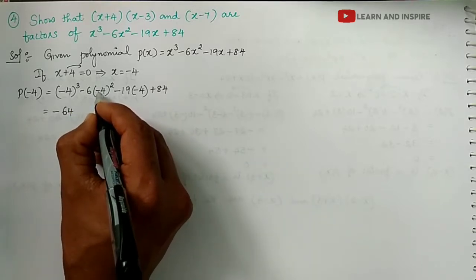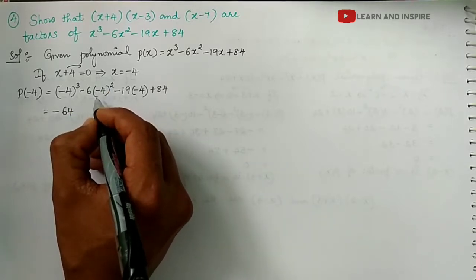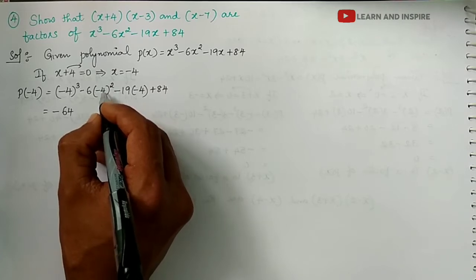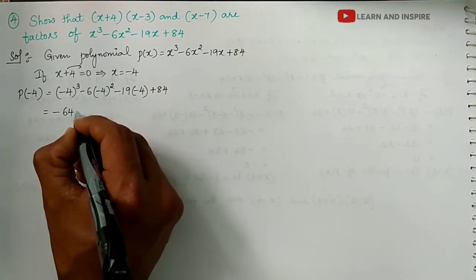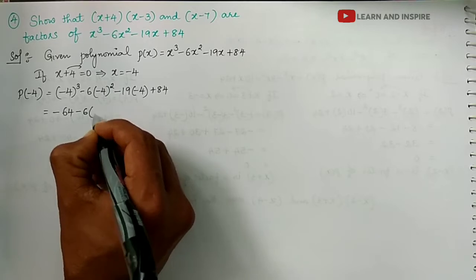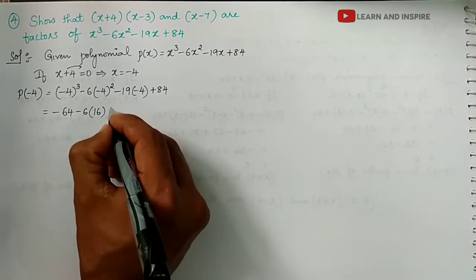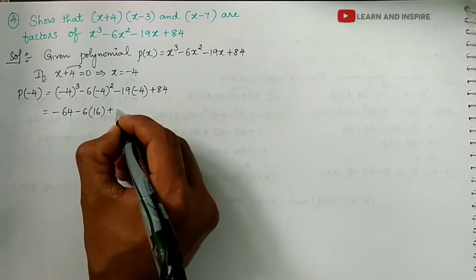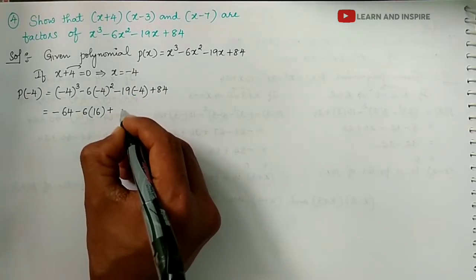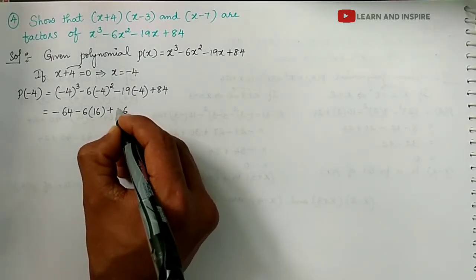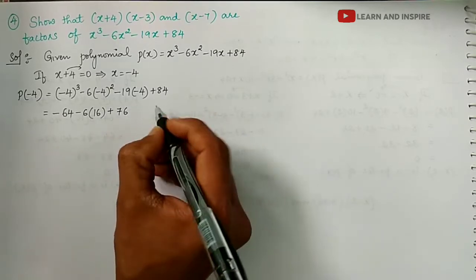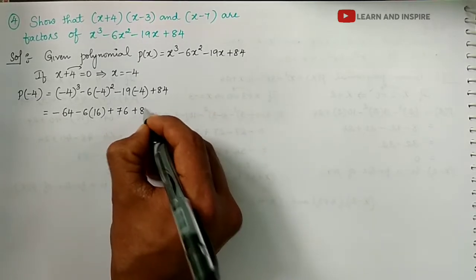Now minus is multiplied 2 times, so we get plus. So 4 square is 16. Plus into minus is minus. 6 into 16. Minus into minus is plus. 19 4s: 4 9s are 36 and 4 1s are 4, 3, that is plus 76 plus 84.